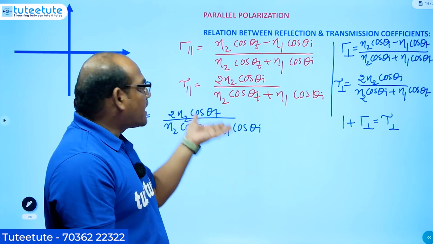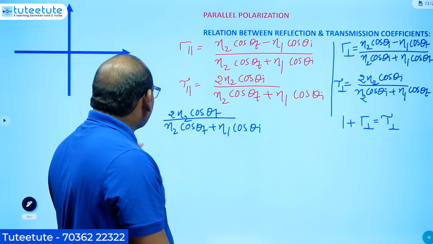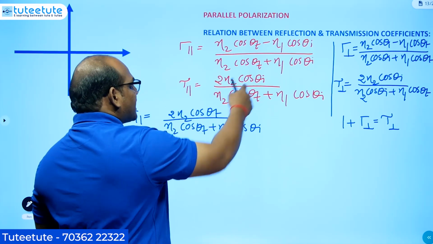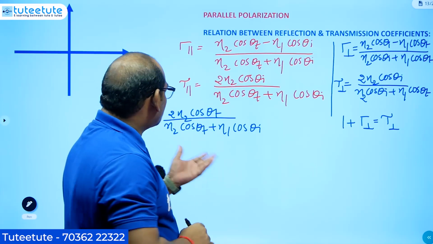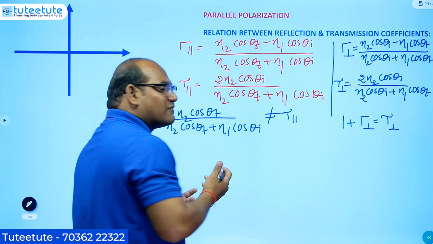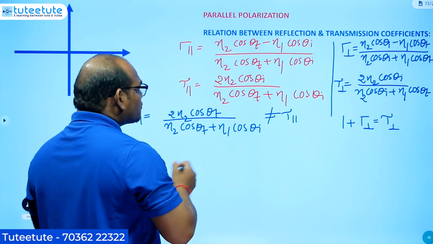It is not equal to tau parallel. Okay. So 1 plus gamma parallel is not equal to tau parallel. That is what we can tell, because here cos theta I is there, here cos theta T is there. So this is surely not equal to tau parallel. But what is the equation we can give? So what we need to do?